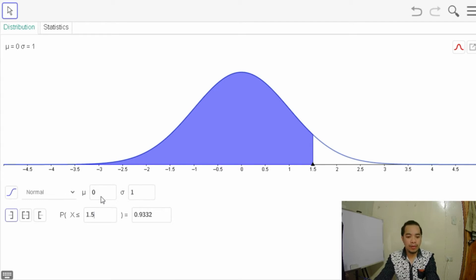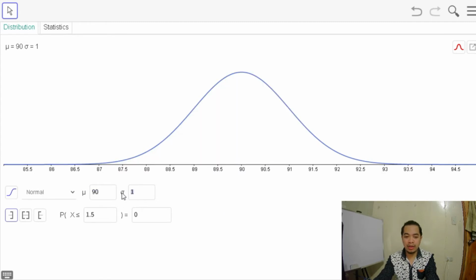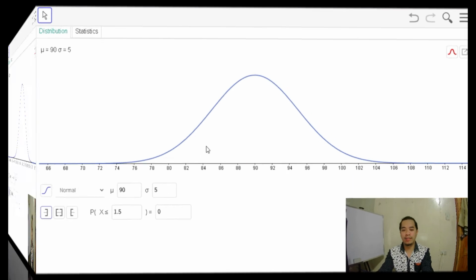But we can of course change the values. So if we change this one, say we change it to 90 and we change our standard deviation to say 5, then this is not anymore the standard normal distribution, but just a normal distribution.